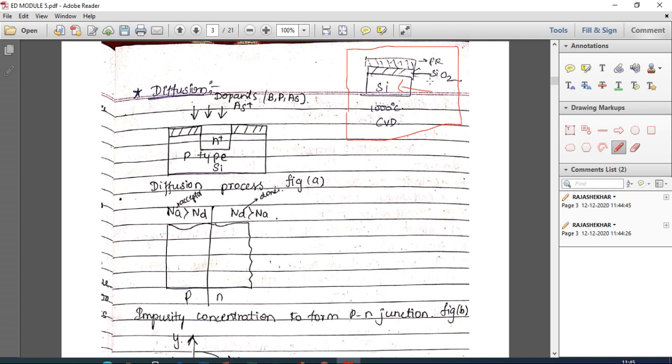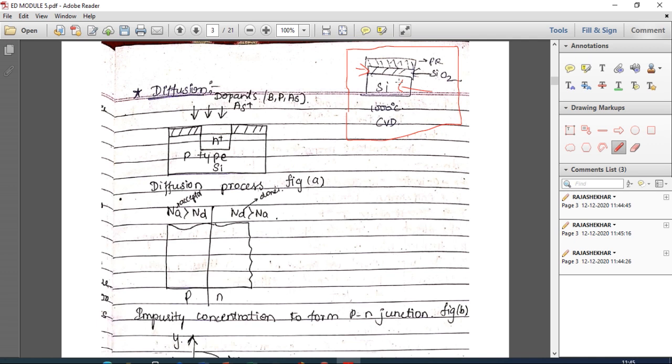To do that, we use the process called oxidation, shown in the second step here. In this step, the surface of the silicon substrate is exposed to oxidation.